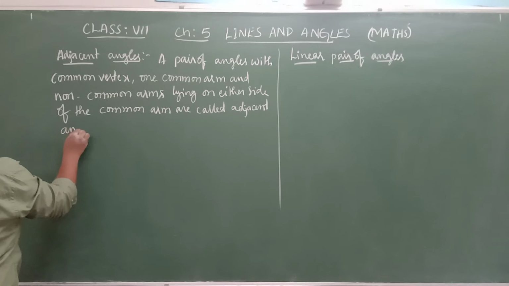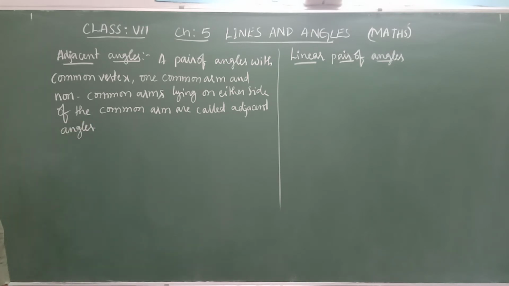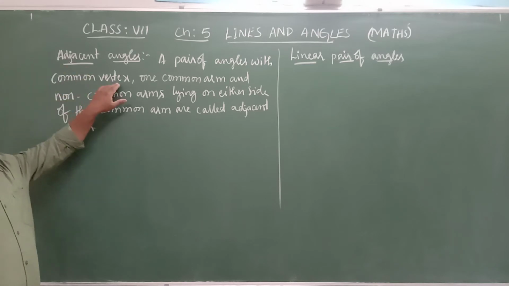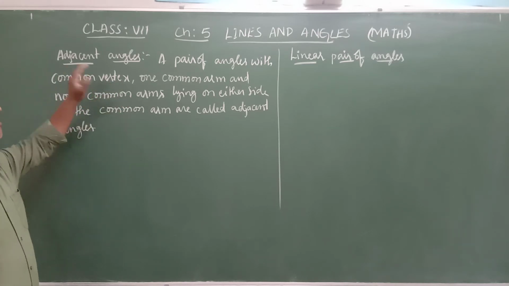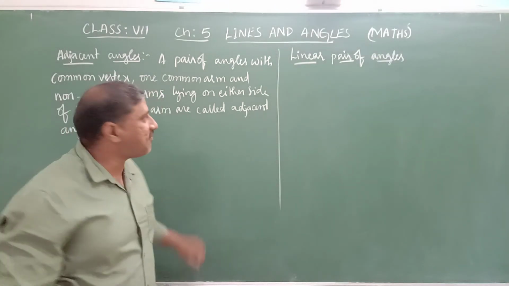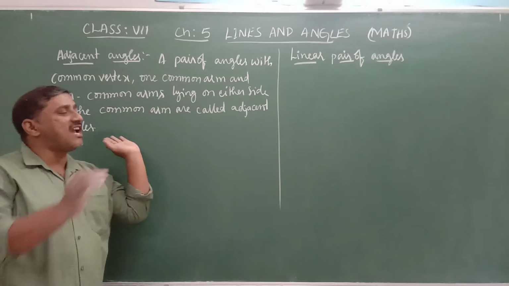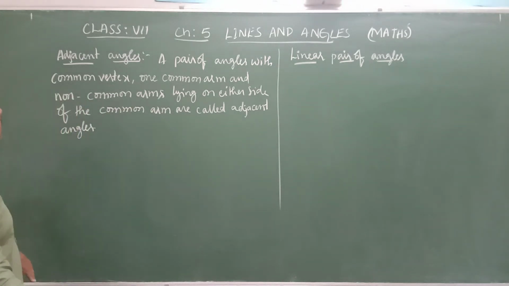What are adjacent angles? A pair of angles with a common vertex and one common arm, and non-common arms lying on either side of the common arm are known as adjacent angles.